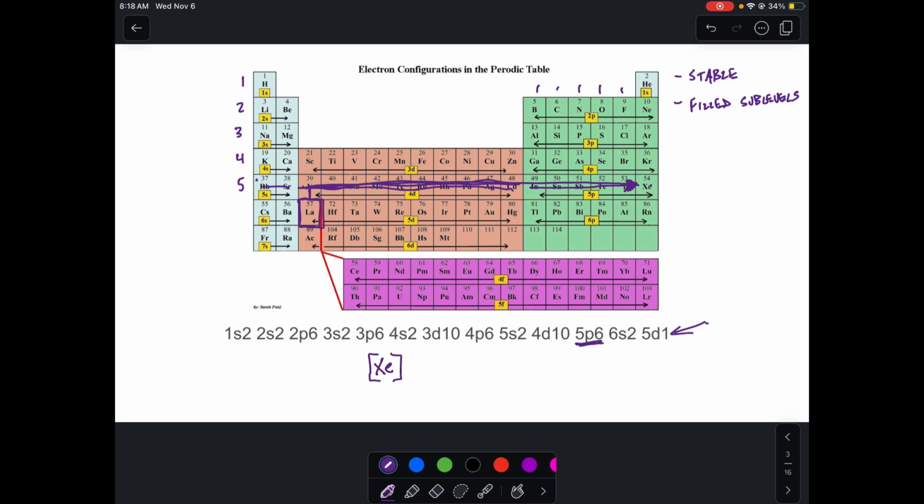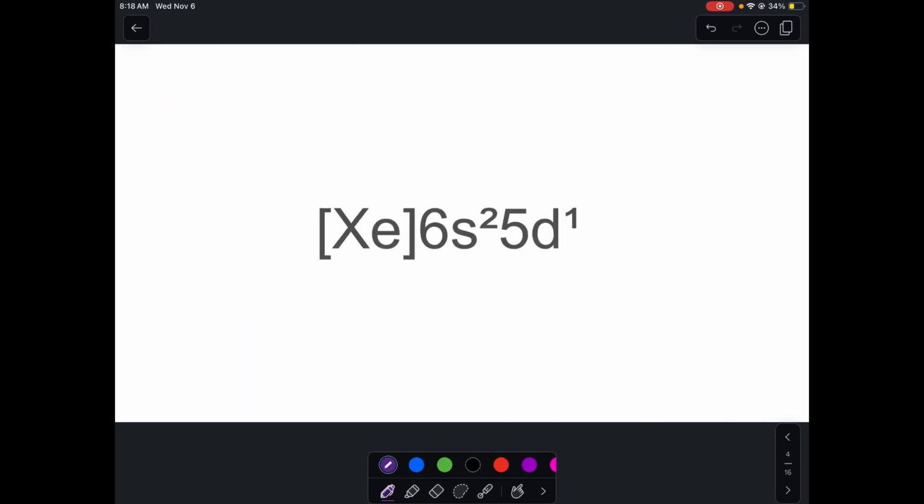That means that if we write xenon just like that in the brackets, we're representing all of this. And then we just fill in the rest. So the xenon noble gas configuration will be written xenon in brackets, 6s2, 5d1. And here we have how it's represented.